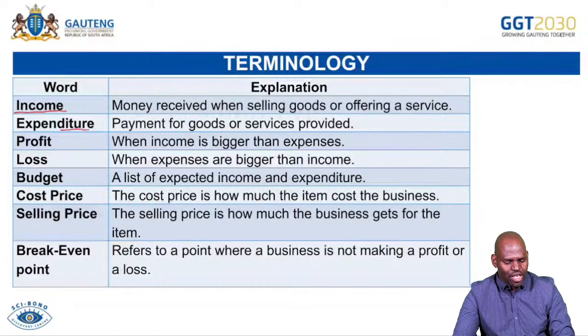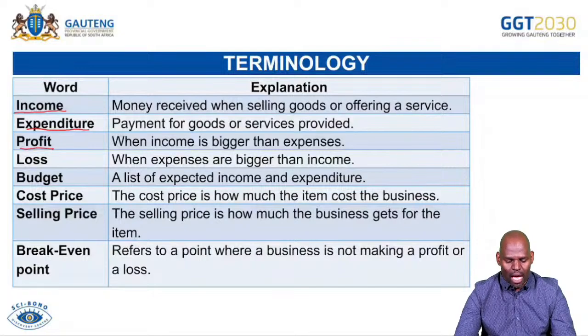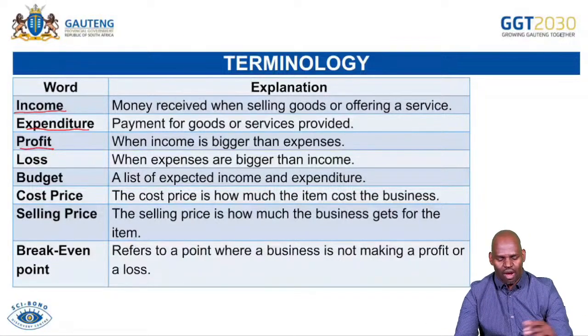And then expenditure: it's payment for goods or services provided. Profit: it's when income is bigger than expenses. So if you are running a business, to make a profit, you have to make sure that whatever you are selling, the price is bigger than what you bought it for.